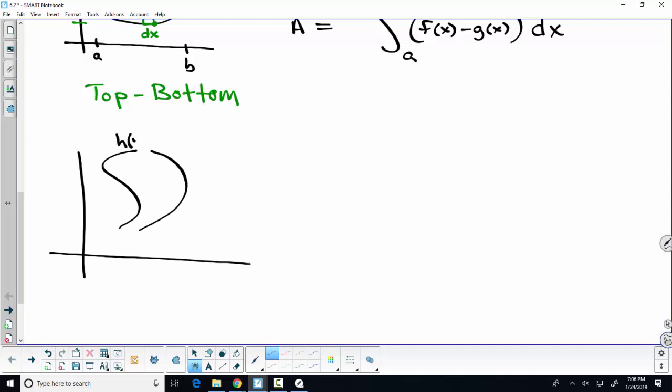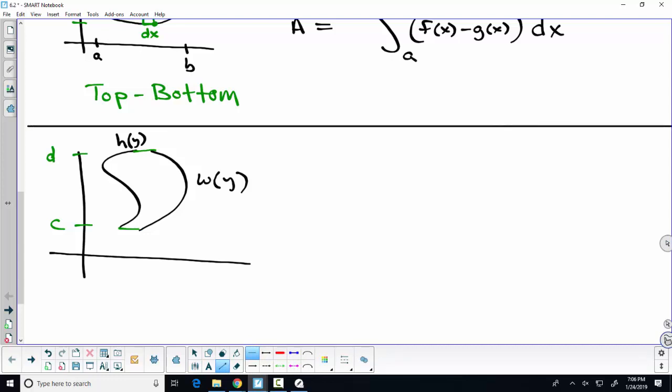Let's call this h of y, and this one w of y, and say that's a y value of c to a y value of d. So things change here, but if we take that first scenario, f of x and g of x, and just rotate it, it's the same kind of setup and interpretation.